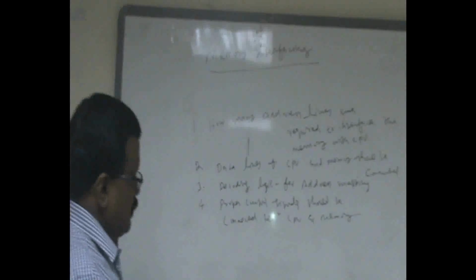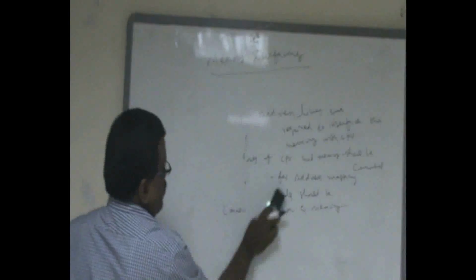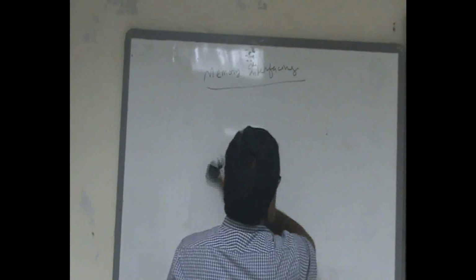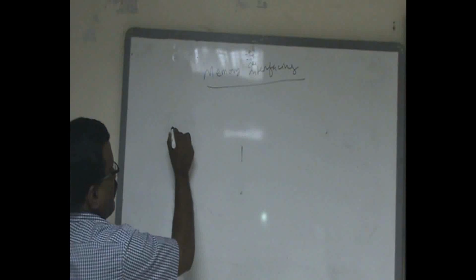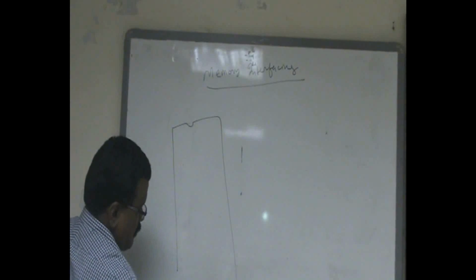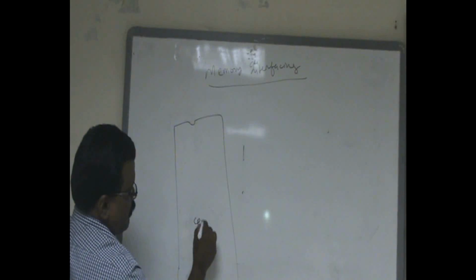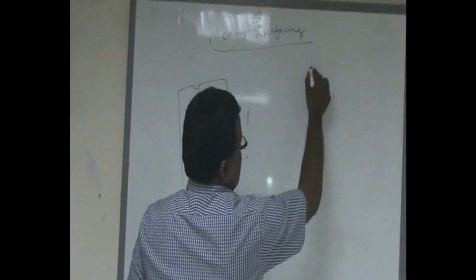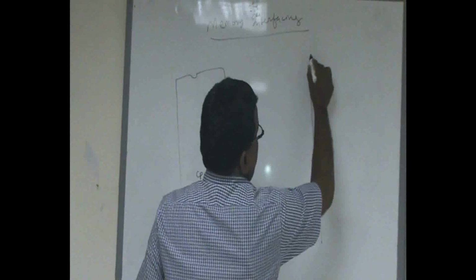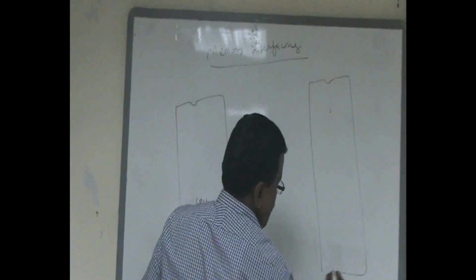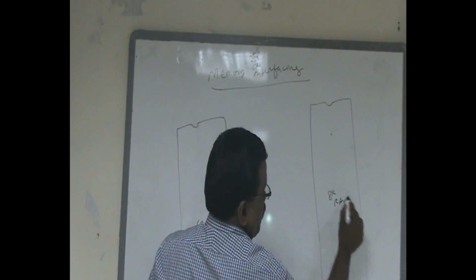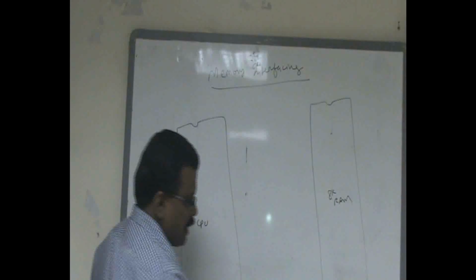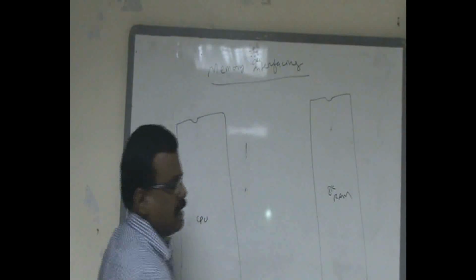Let us draw the diagram. Let us take the CPU where we want to interface an 8K memory. So here is the 8K RAM. The first step is to identify the number of address lines for interfacing 8K RAM.